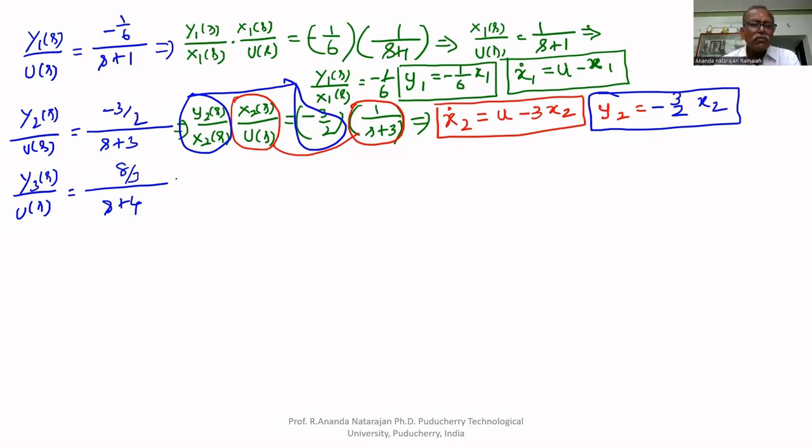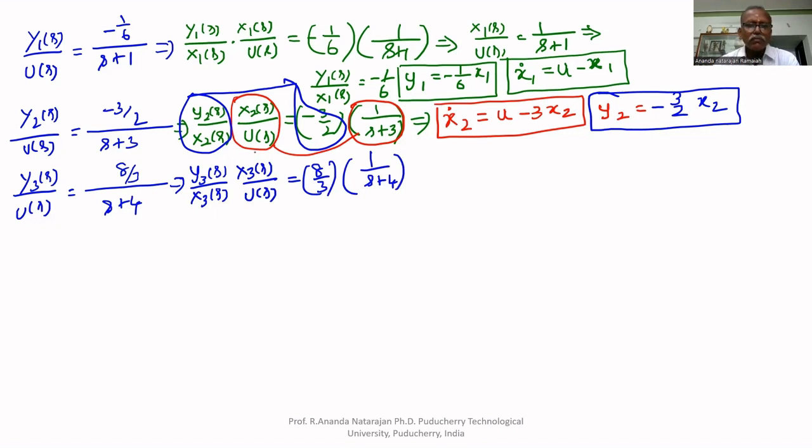In the same way, if we equate this y3 of s upon x3 of s, x3 of s upon u of s, that is equal to 8 by 3 multiplied by 1 by s plus 4.